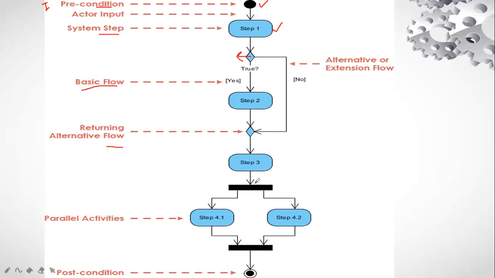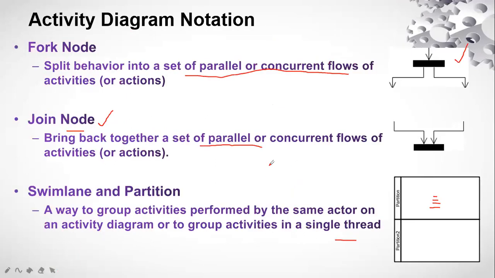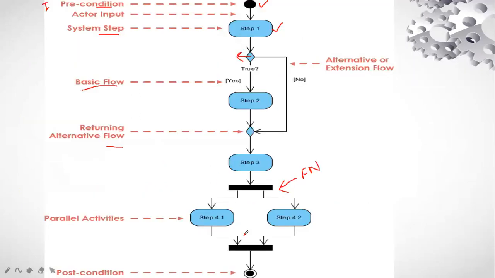Then step 3. Now what is this? These are the parallel activities. So this is a fork node. I've shown you the fork node in the earlier slide. And what is this?